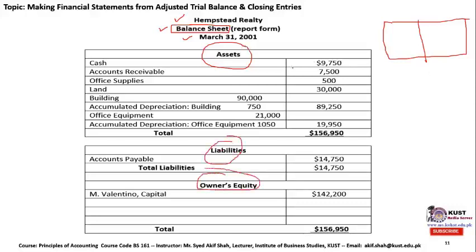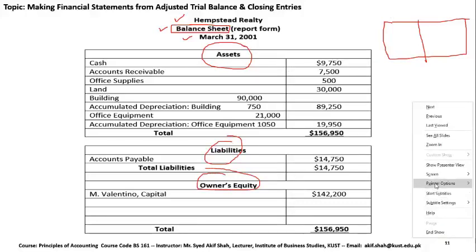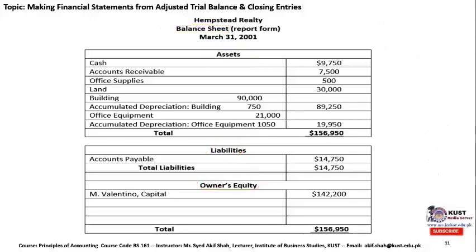Once again, there is no debit and credit involved in the balance sheet. Let me clear this up. If you are expert enough, you can remove these extra lines available in this table and directly write down the titles as mentioned in the adjusted trial balance.